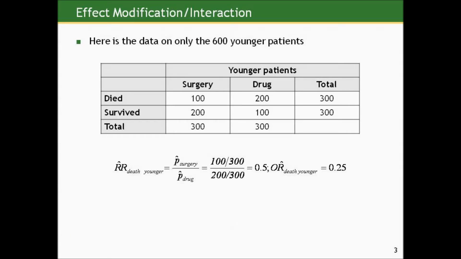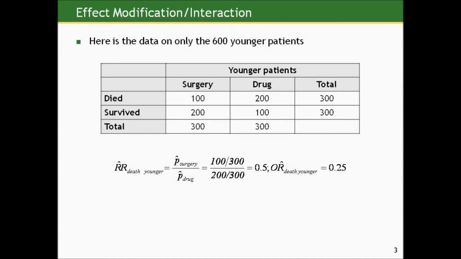Here's the data on only the 600 younger patients. What turns out, if you look at this, is that the relative risk of death for younger patients, surgery compared to drug, is 0.5. That's a 50% reduction in death within 1 year for those who have the surgery compared to the drug amongst the younger patients. If we look at the odds ratio, it's 0.25.